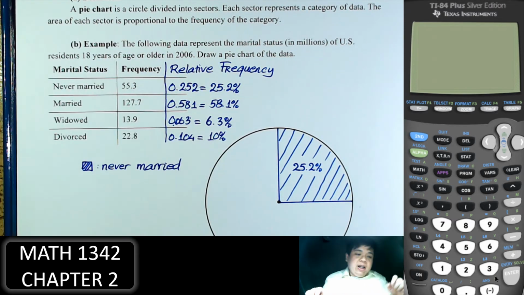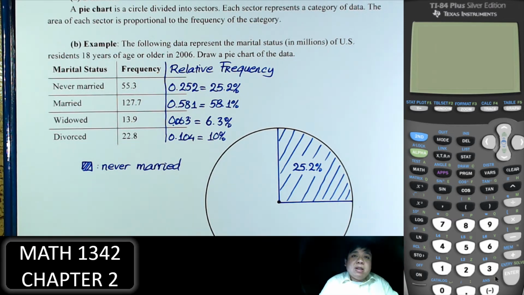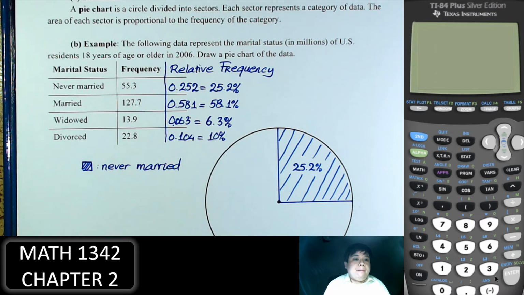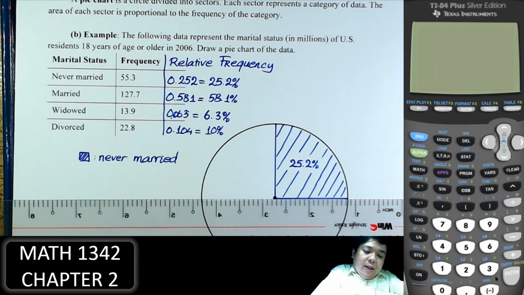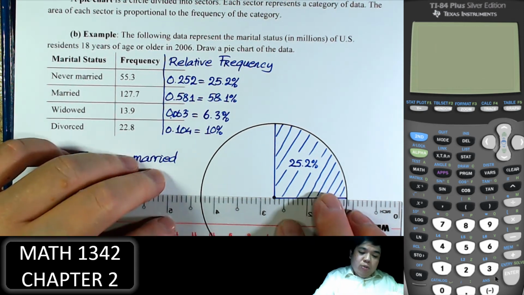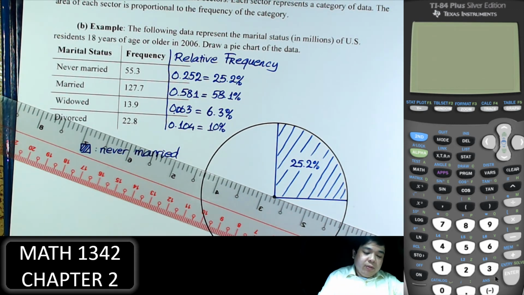Right, next, married 58.1%. How do we do that? Of course, it is 58.1%, so that is more than half, and then a little more. But how much more?